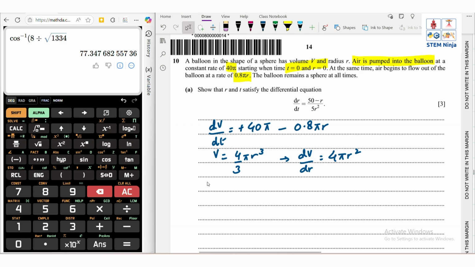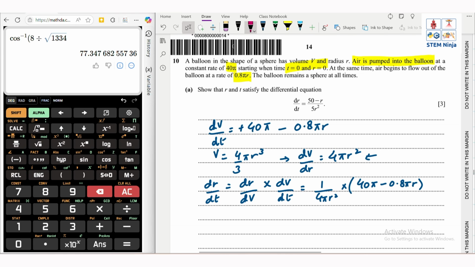So this means dr over dt would be dr over dv times by dv over dt. Right, so dr over dv is the reciprocal of this. So 1 over 4 pi r squared times by 40 pi minus 0.8 pi r.